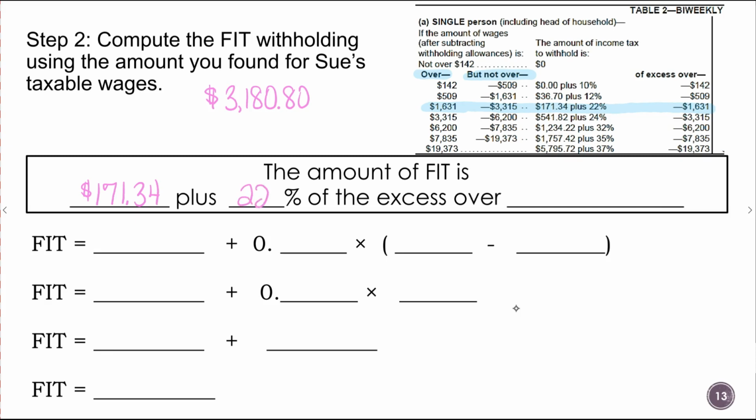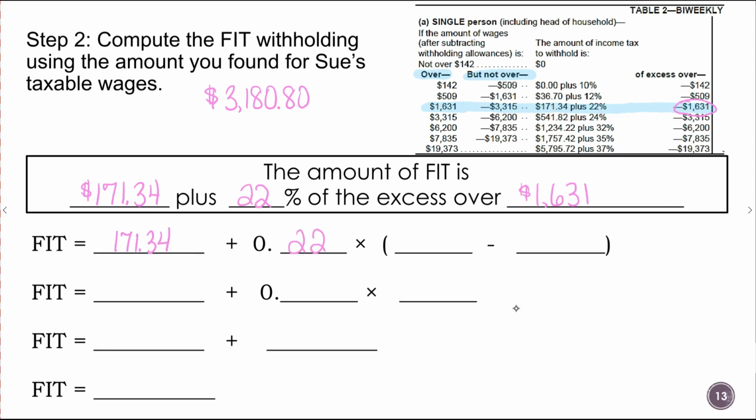You see I have that highlighted. Let me circle that a little better. So this amount will be here, $1,631. And so I'm just going to keep filling out the chart this way.